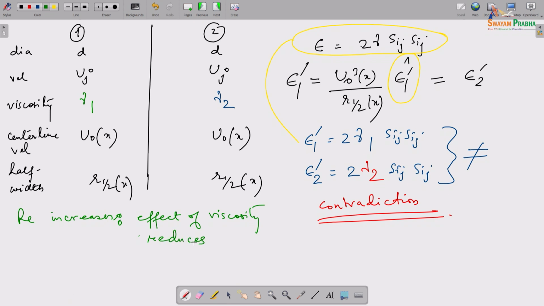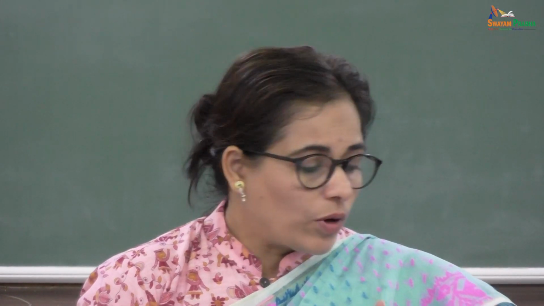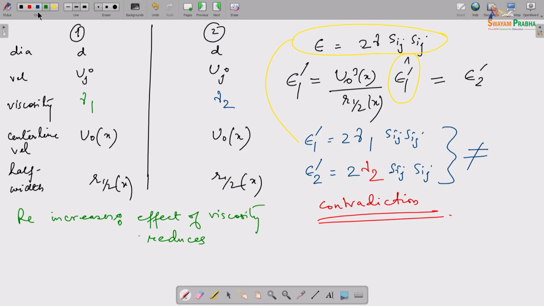And also, as the Reynolds number increases, the eddies become finer, such that the velocity gradients become sharper, higher, larger.